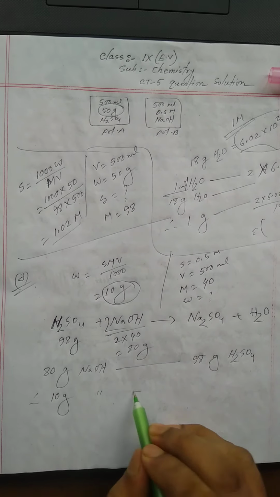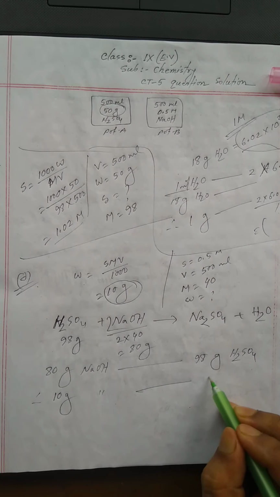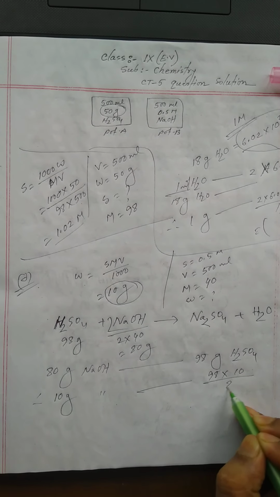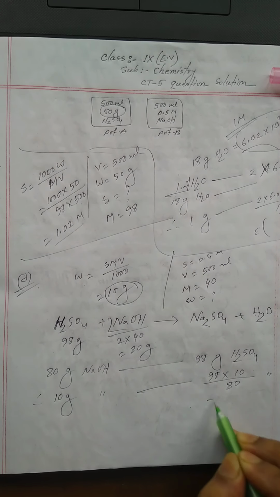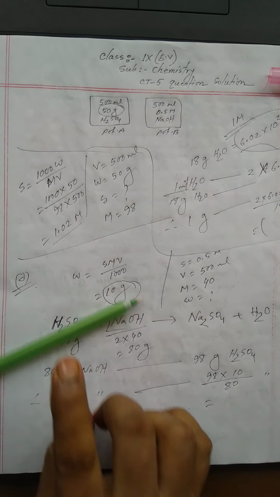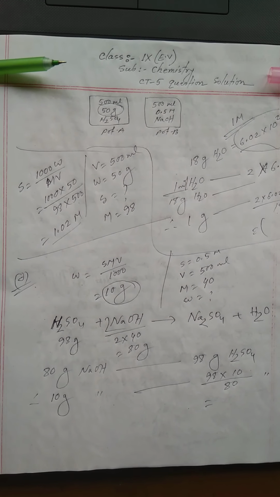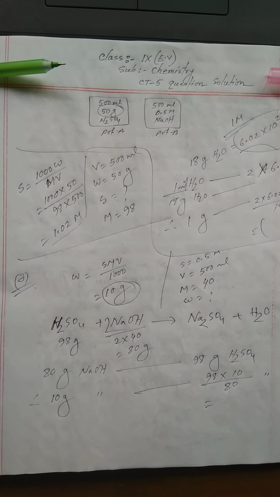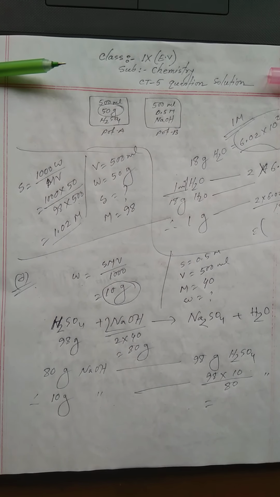10 gram NaOH reacts with 98 multiplied by 10 divided by 80.